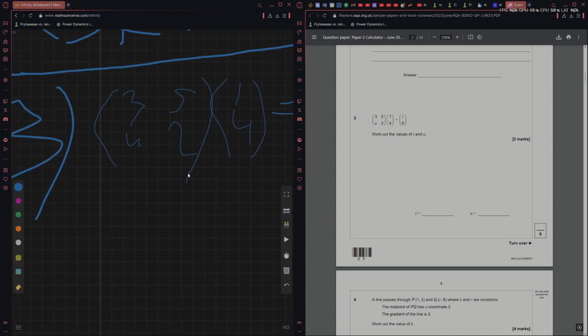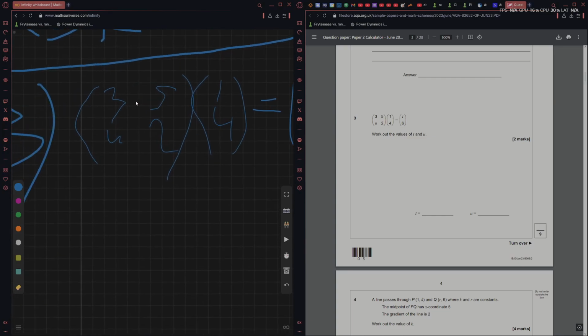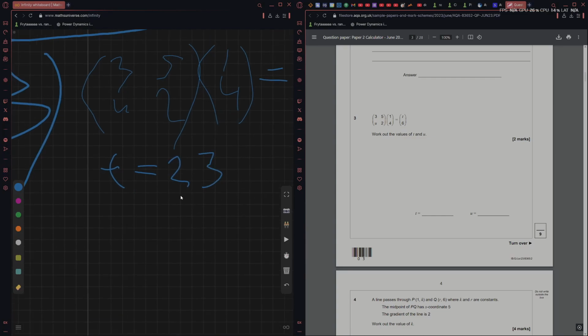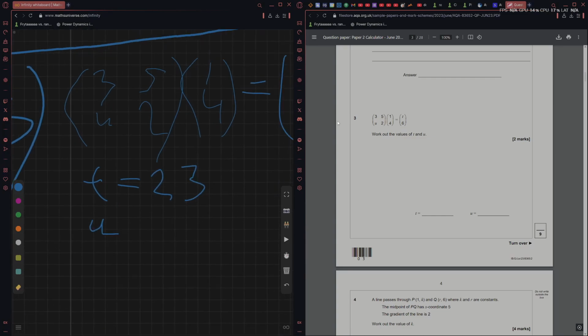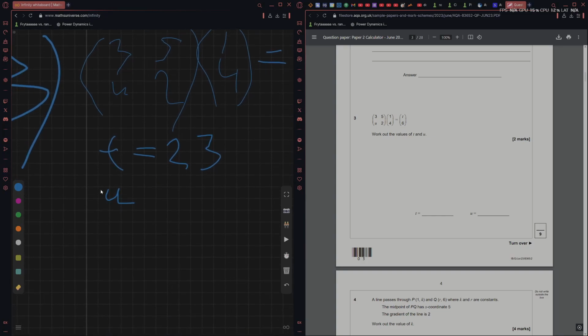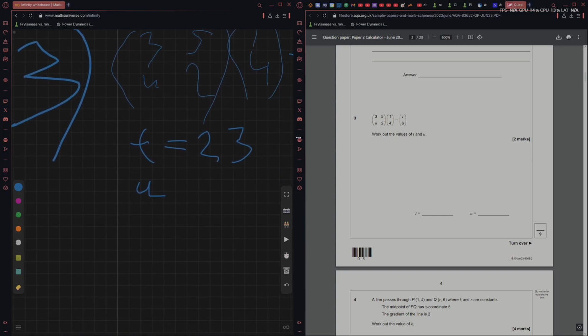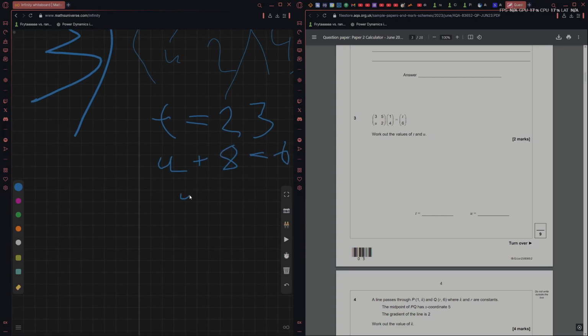So we know that 3 times 1 plus 5 times 4 equals t. That means t equals 23. Right, then we've got u. So we have 1 u, plus 8, because it's 2 times 4, equals 6. So we know that u equals -2.